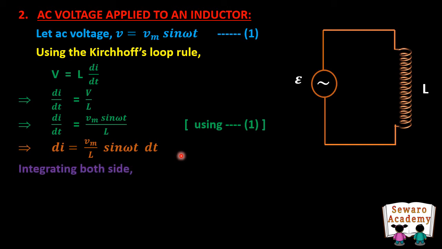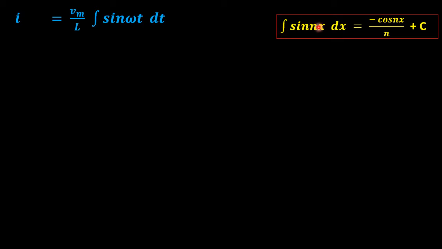Now integrating both sides, the integration of di equals the integration of Vm by L sin omega t dt. The integration of di is I, which equals Vm by L, which is a constant, times the integration of sin omega t dt. Now we have to integrate this function sin omega t using the formula: integration of sin nx dx equals minus cos nx by n plus c, where c means constant.